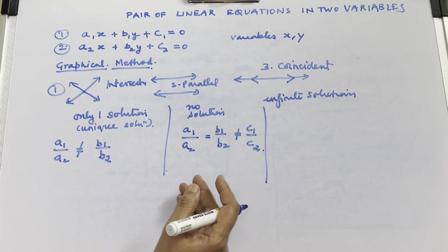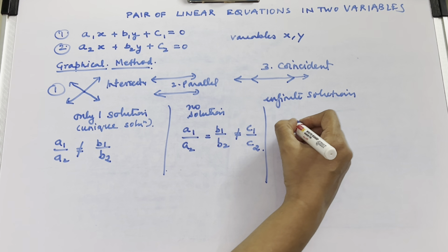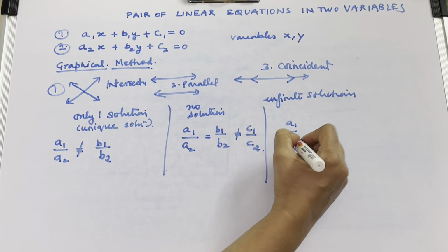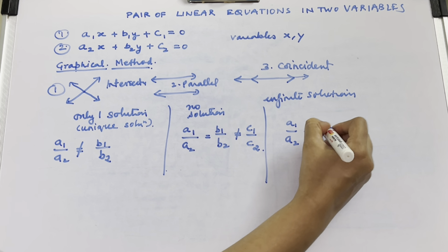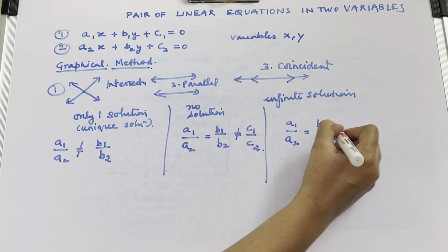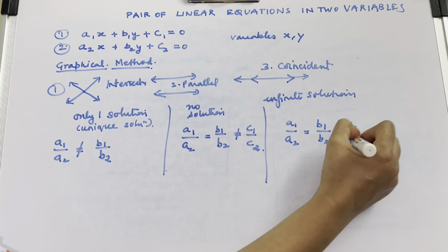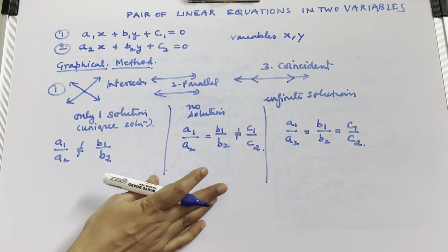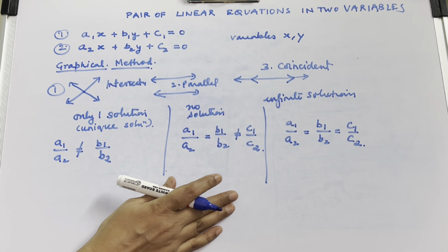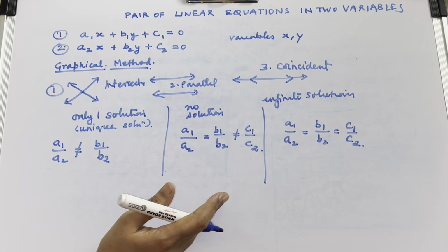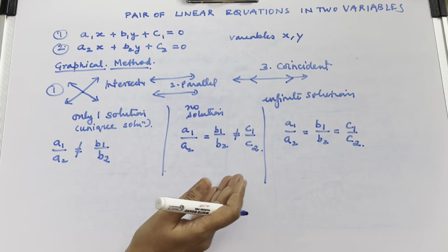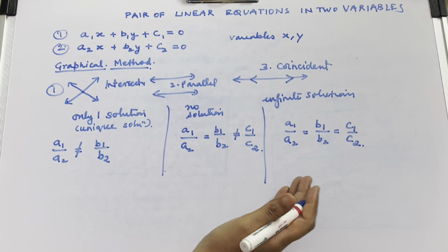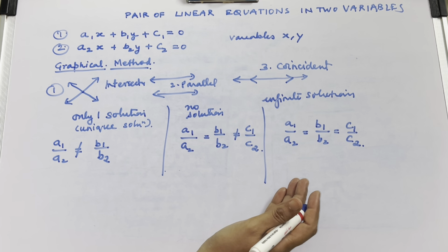Now, if you see the coincident lines, they are lying one above the other. So, clearly a1 upon a2 will be equal to b1 upon b2 will be equal to c1 upon c2. On your screen you can clearly see the relationship between the coefficients of intersecting lines, parallel lines and coincident lines. I have drawn the figure for your reference.